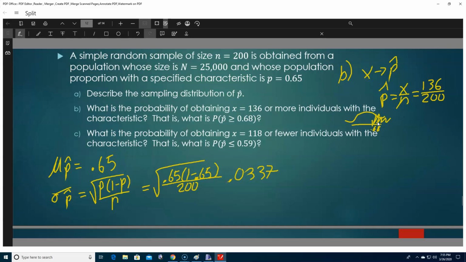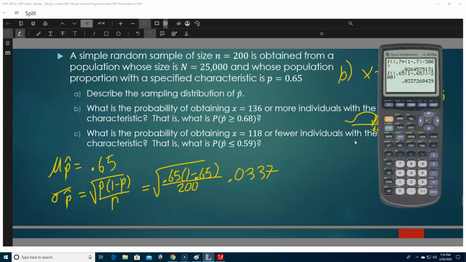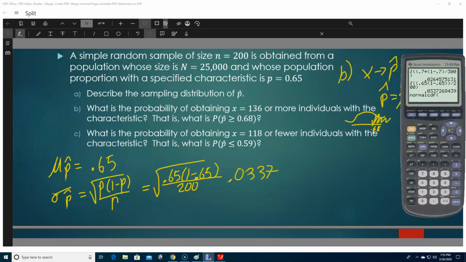If we need everything to the right of 0.68, we need to make sure we shift our upper bound and lower bound numbers. So I'm going to go to the calculator. We're going to do second vars, normal CDF. We need to have the lower bound number, so that's where we're starting at, so 0.68. Our upper bound number is going to be the big positive one, so that's 1E99.